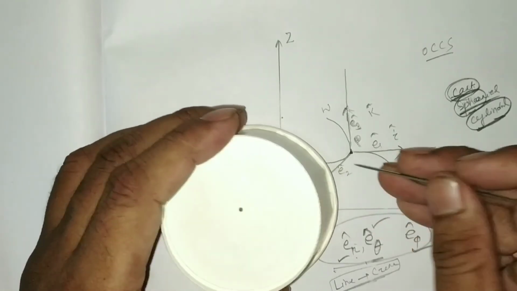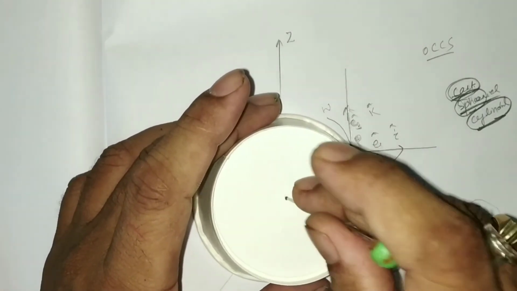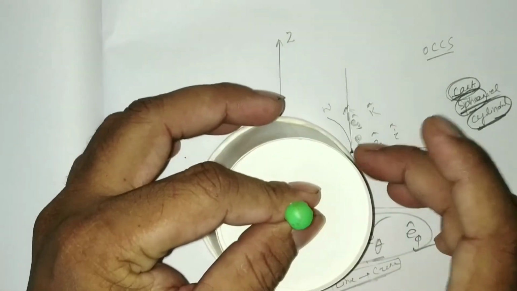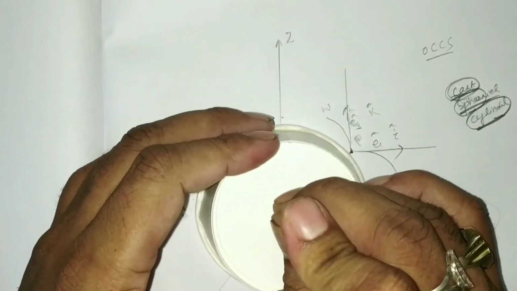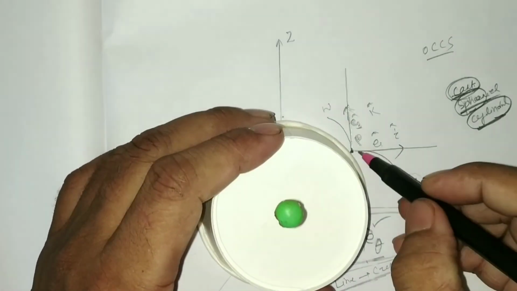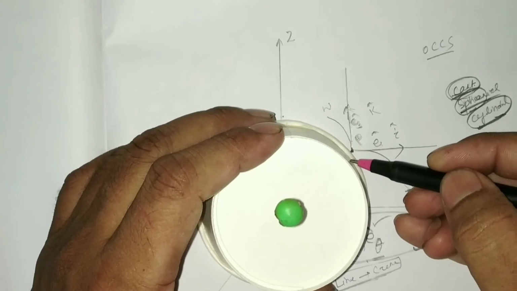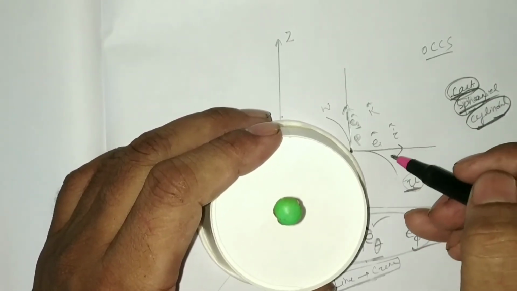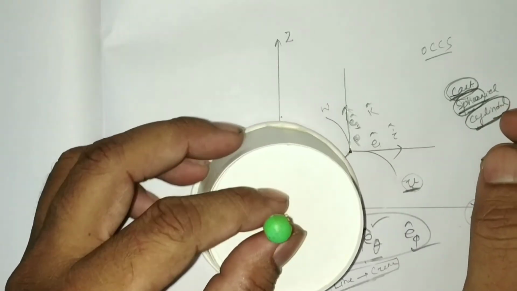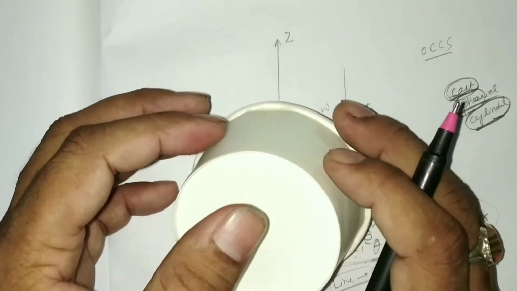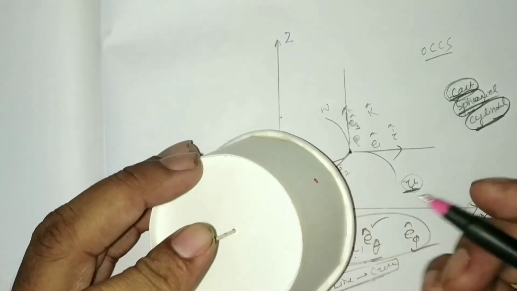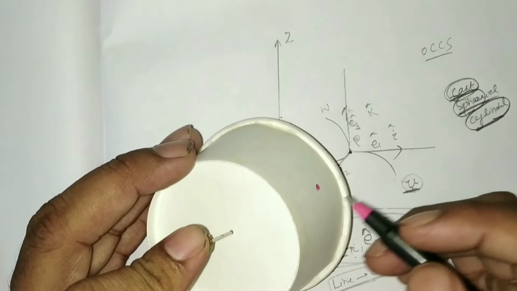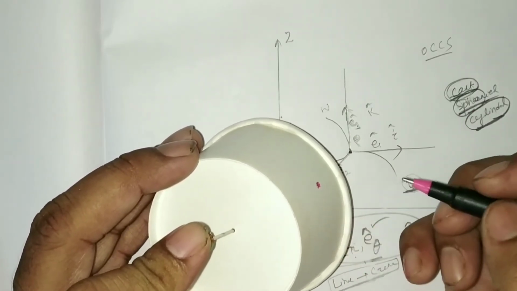Now how am I going to locate this point on the surface of this cylinder?